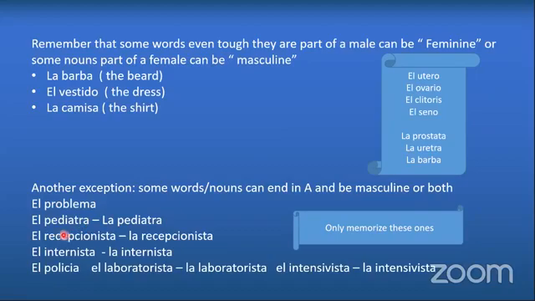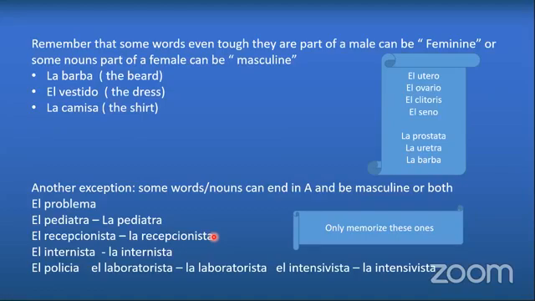Another one that we learned last class, recepcionista, is our PSA, the people in the reception area. Recepcionista is the noun, and in this case, the noun is not going to change for male and female, same as above. If this is a guy, it's going to say el recepcionista. If that's a lady, it's going to be la recepcionista. So probably when we go to the clinic, the person at the front desk is going to tell us, hola, buenos días.